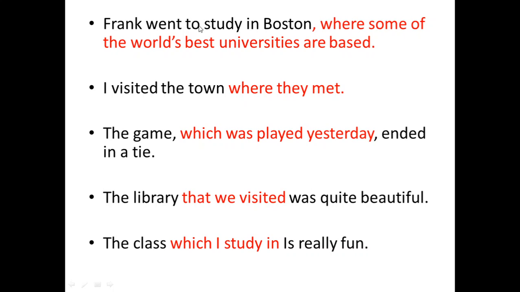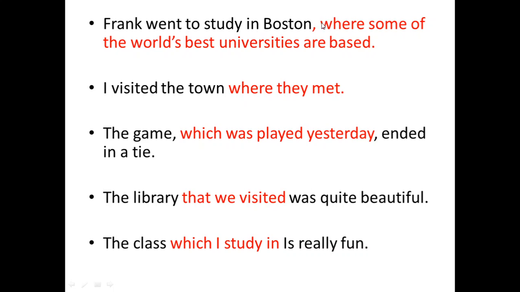Frank went to study in Boston. It gives complete meaning, right? So, where some of the world's best universities are based is a modifying adjective clause. It only says something else about Boston, right?